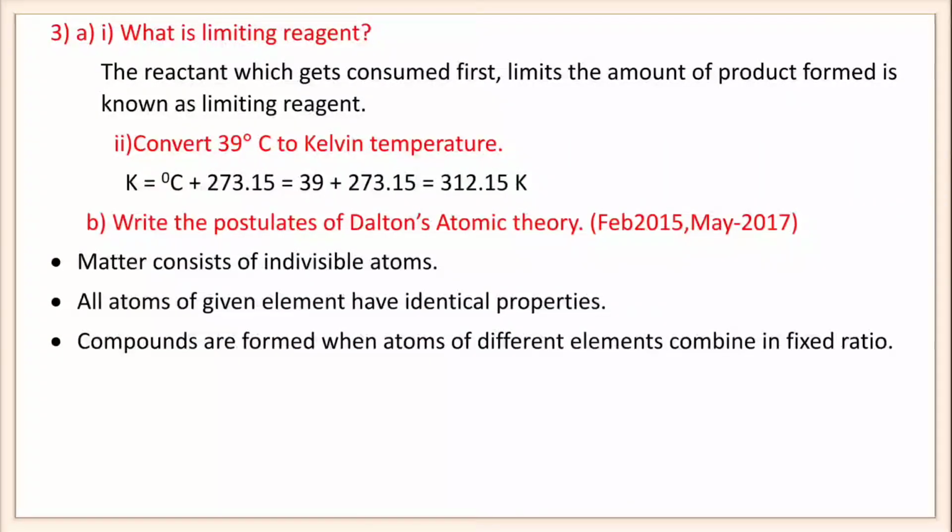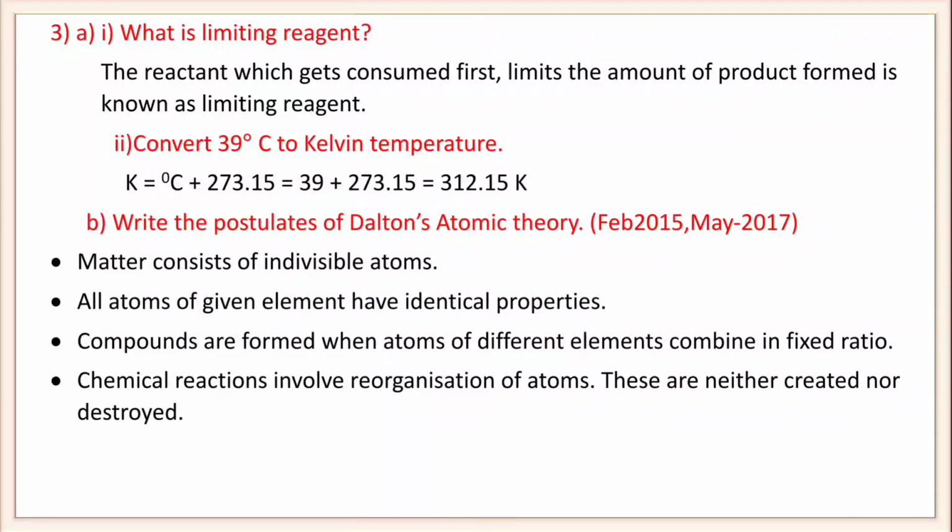Compounds are formed when atoms of different elements combine in a fixed ratio. Chemical reactions involve reorganization of atoms. Atoms can neither be created nor be destroyed. So these are the 4 main postulates of Dalton's atomic theory. If you want to take a screenshot, you can take it, guys. Next one.